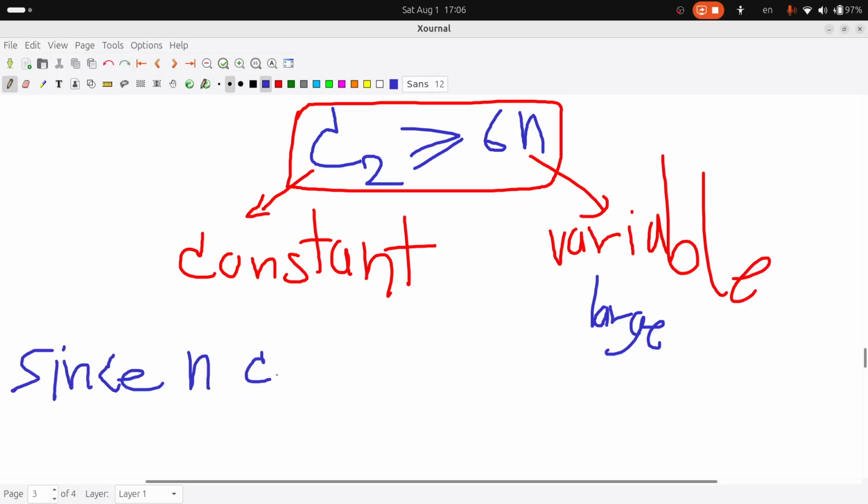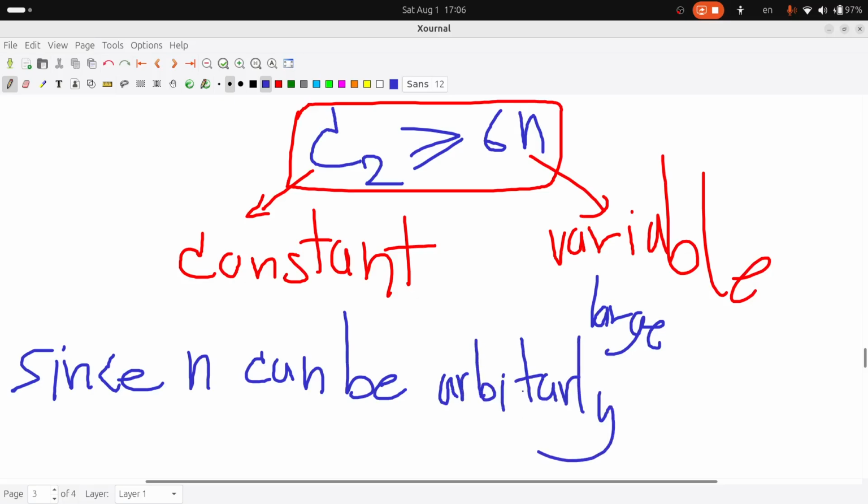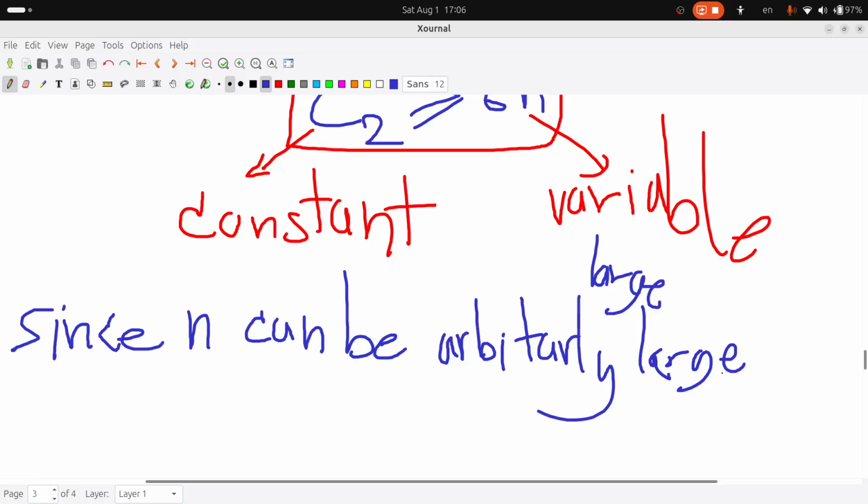Since n can be arbitrarily large, arbitrary means it can be any large value, 1 billion, 1 trillion, as I said, it can be so large.